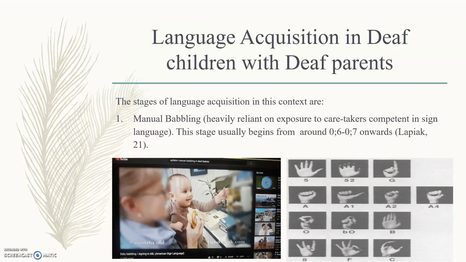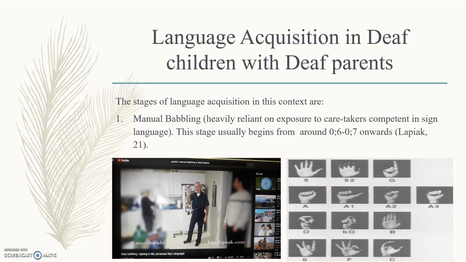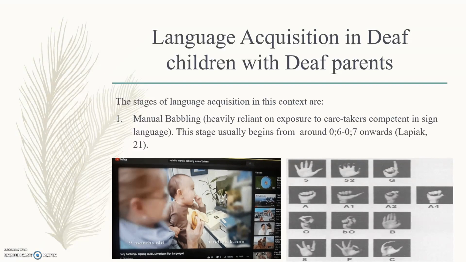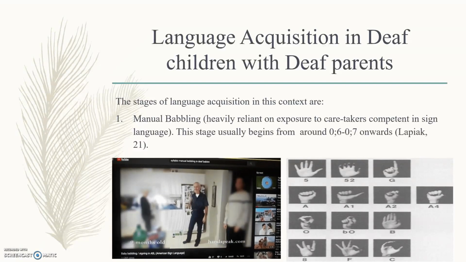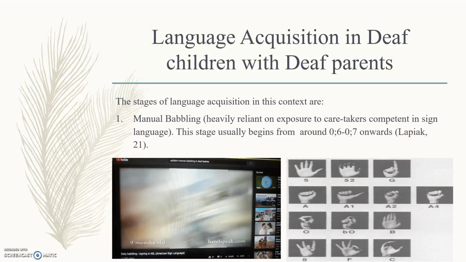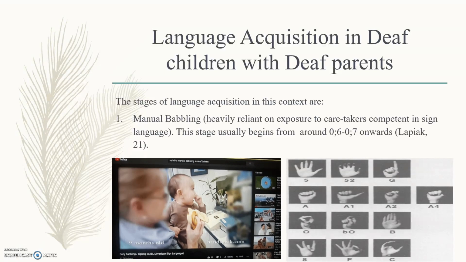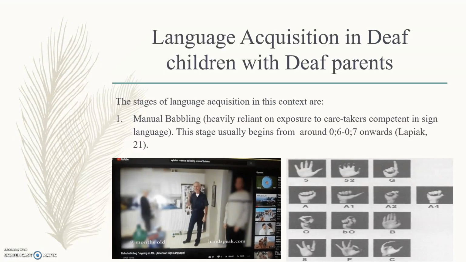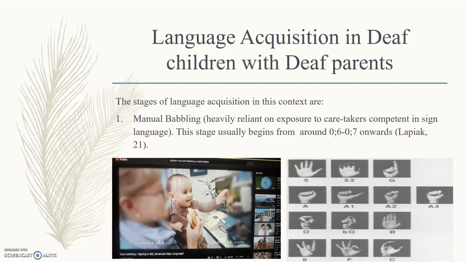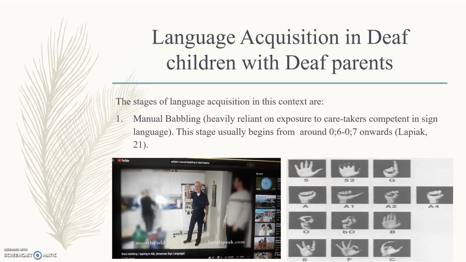So to the left, you would see a child exposed to a competent sign language counterpart, and she's actually beginning to attempt the sign for banana, for the B in banana, and her counterpart actually recognizes so and continues the actual sign.